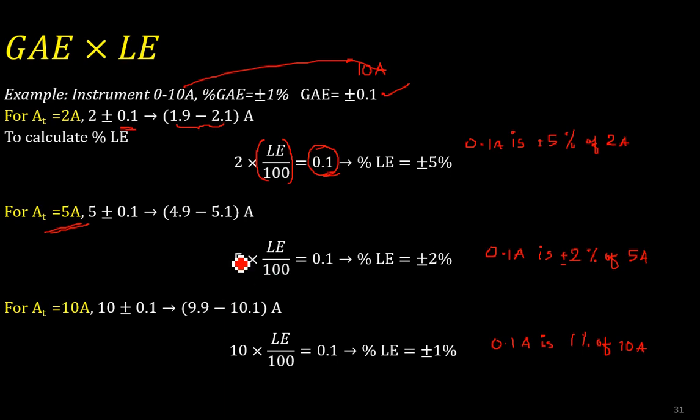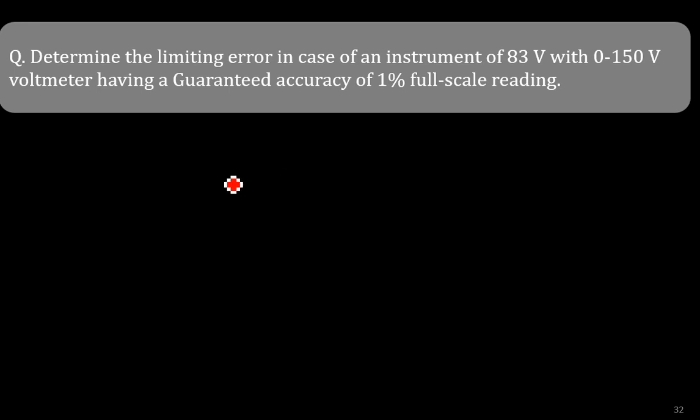Okay, so we'll take another example. Here we are asked to find out the limiting error in case of an instrument which is expected to read 83 volts. So the true value is 83, and you have an instrument range 0 to 150 volt, and you have percentage guaranteed accuracy error of 1%.